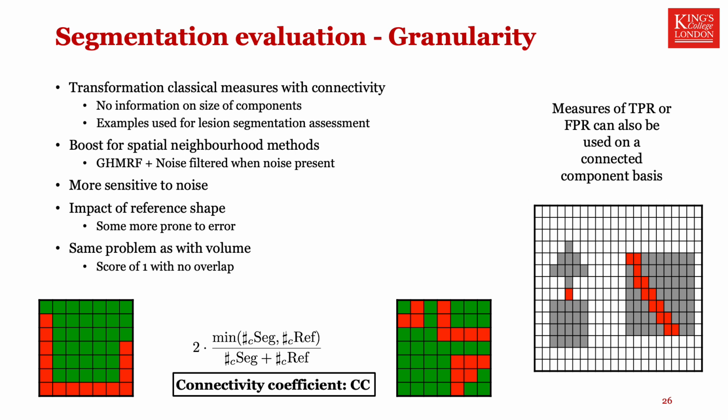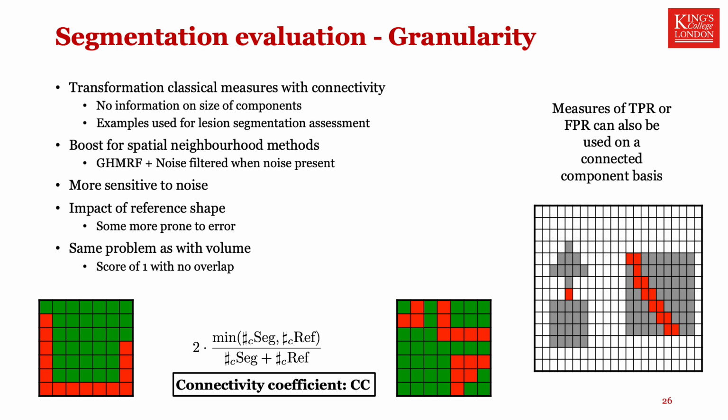So this type of method is actually a boost for all those that use special neighborhood methods. The thing also is that, as with the volume, you can have a very, very high score, but still have absolutely no overlap between your segmentation.